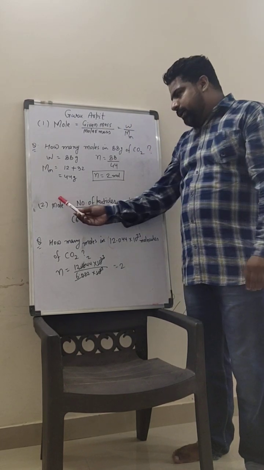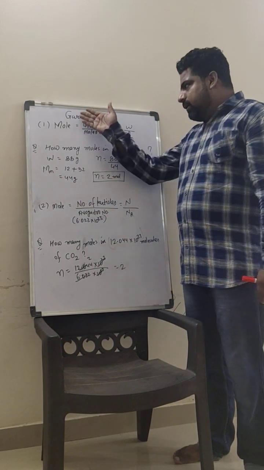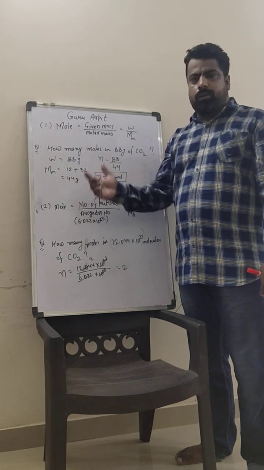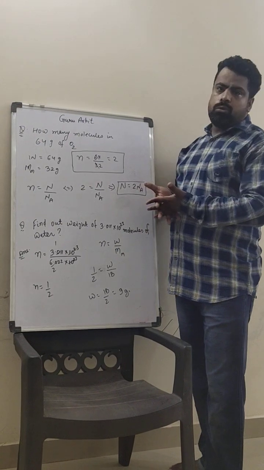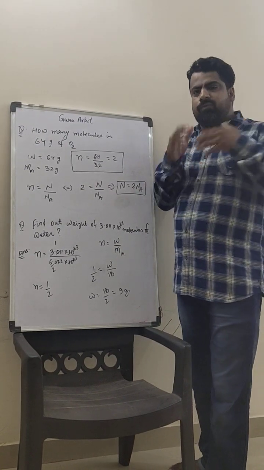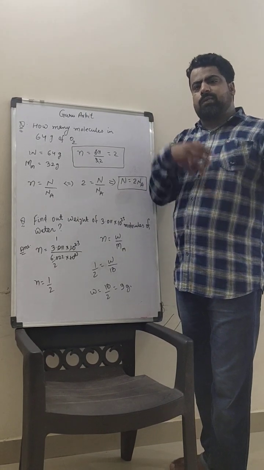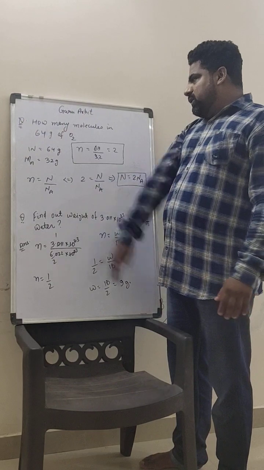There is also a connecting link, which is the mole. Let us take two more examples to clarify the mole concept, which is the link between the weight and the number of molecules. Now, what is the relation between the mass and the number of particles? Let us discuss with two questions.